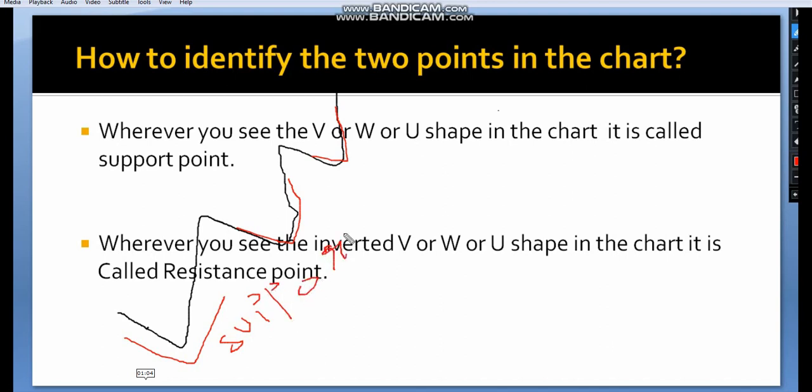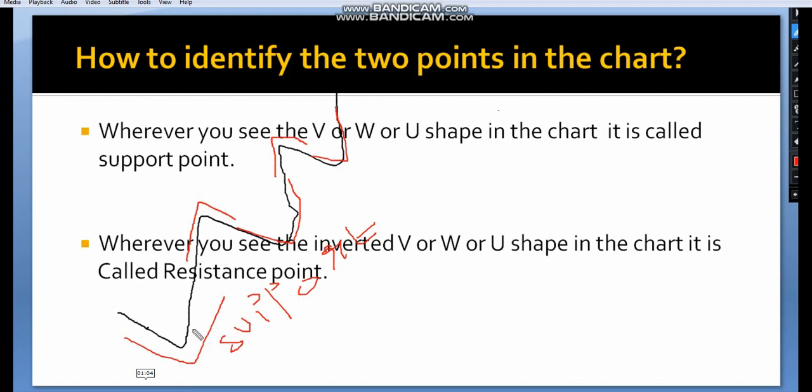The next one is wherever you see the inverted V or W or U shape in the chart, it is called resistance. This is called inverted V. These all are resistance line. These all are support line. Wherever we see V shape in the chart, those areas are called support.